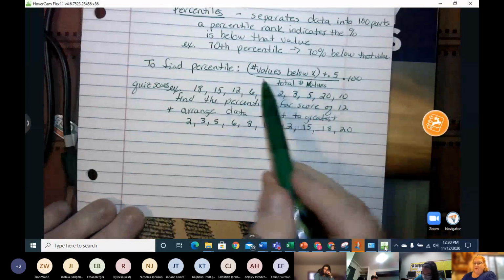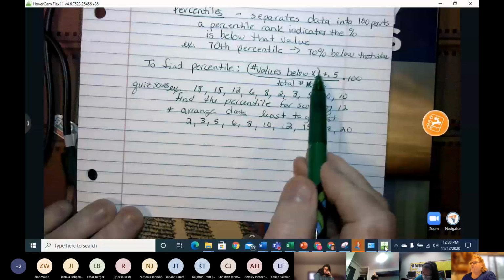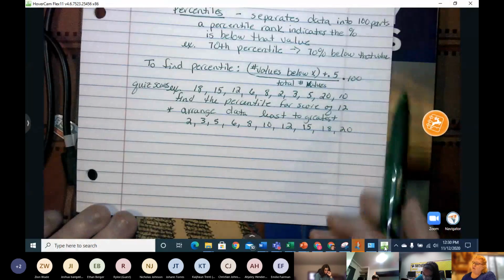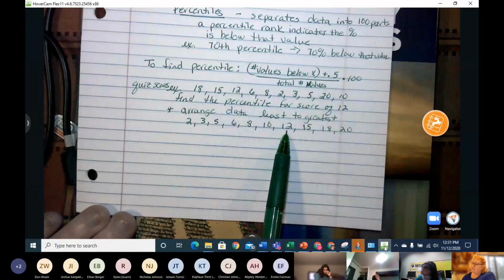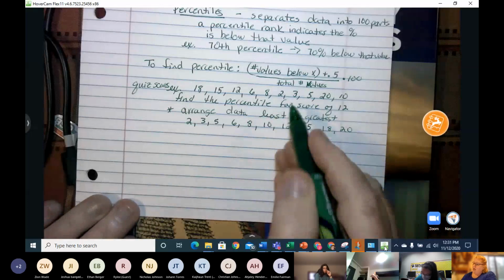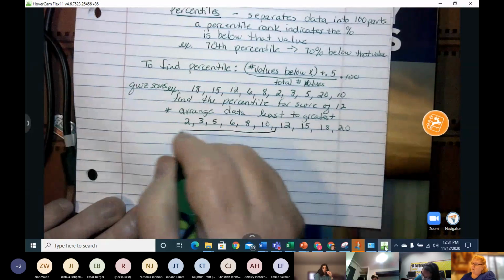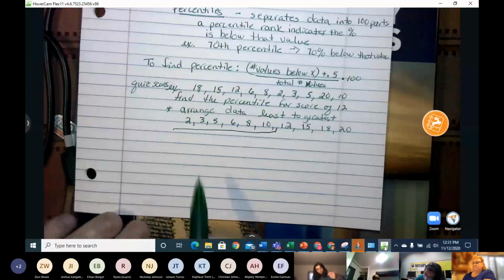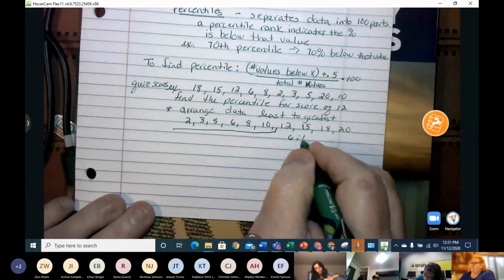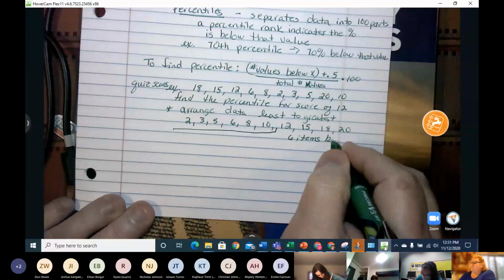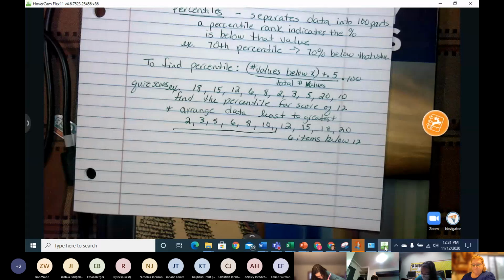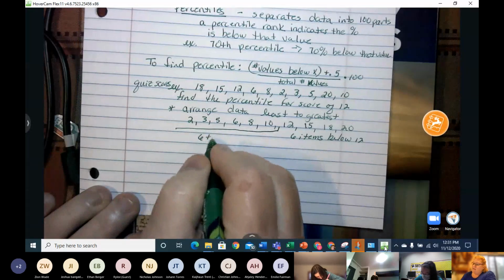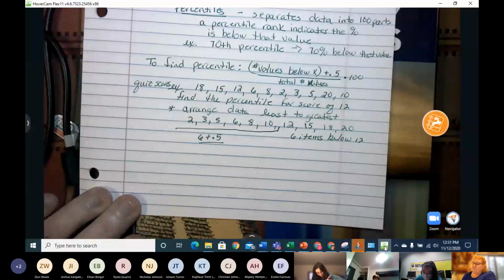Now for our formula, we need to know the number of values below our indicated value. So we want to know the percentile for 12. So we find 12, and we want to know the number of items below 12. So there are 6 items below 12. So we're going to do 6 plus 0.5.